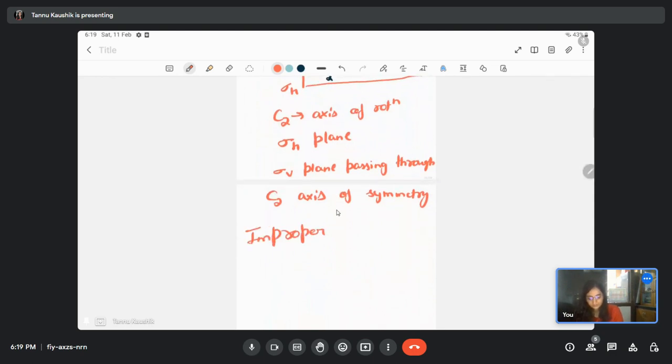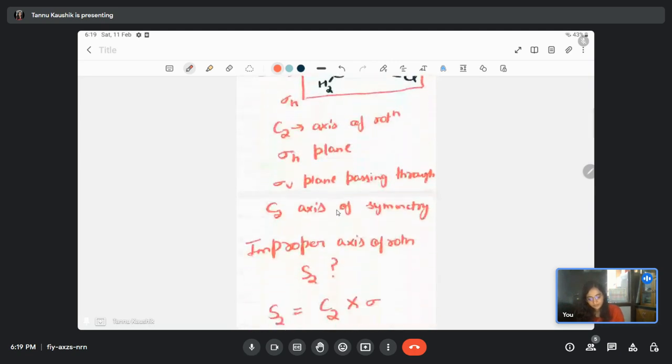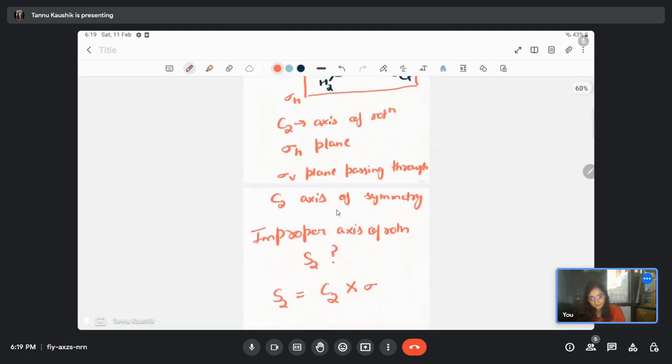So do we have an improper axis of rotation, S2, here? S2 will be C2 times sigma.